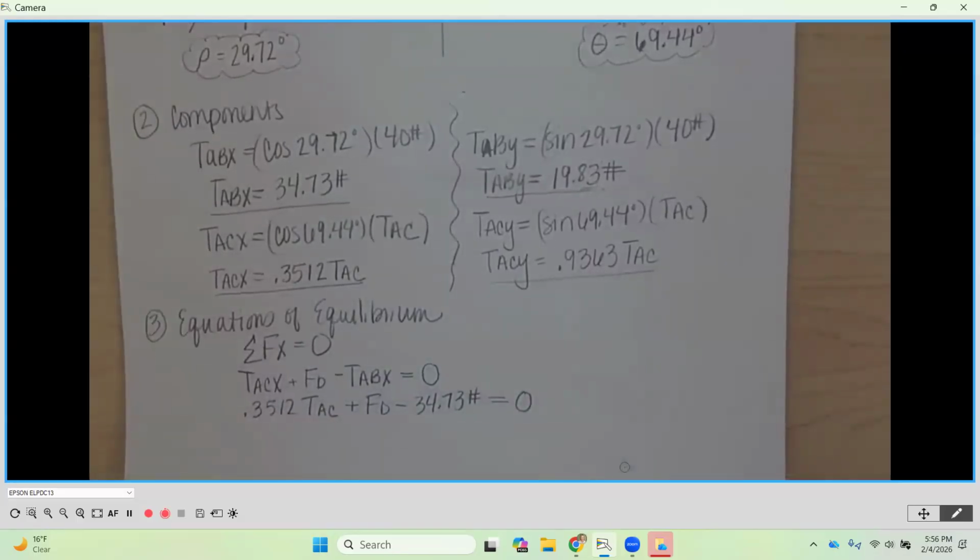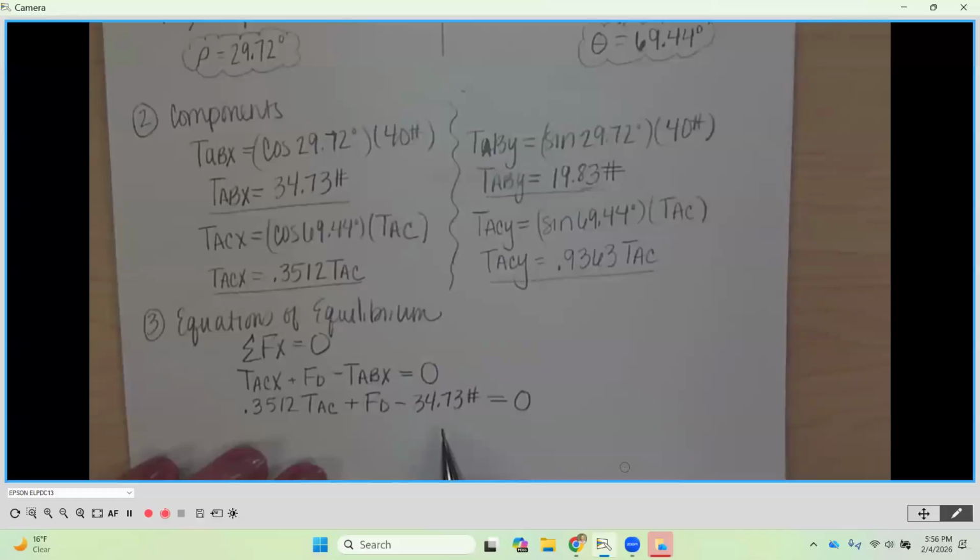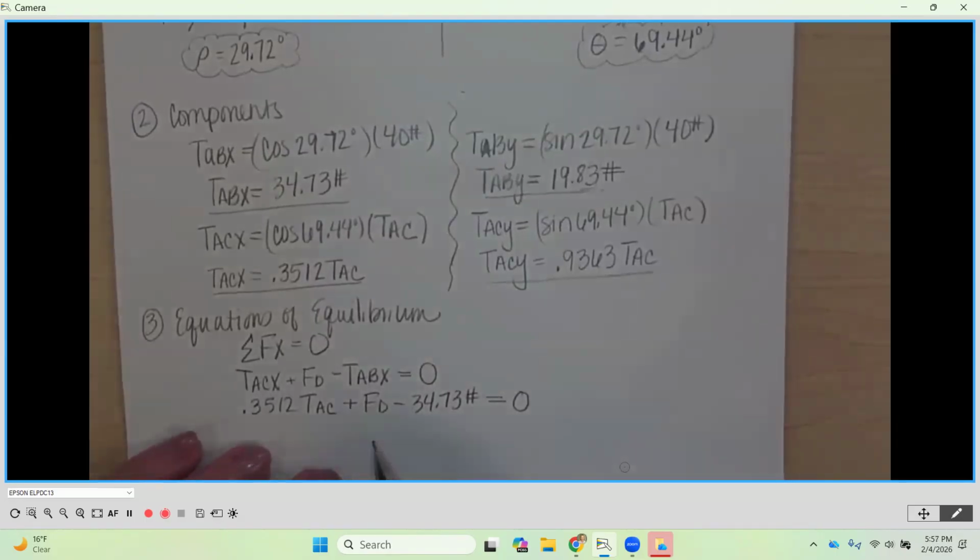Remember, two sides here. Now, if we can combine anything, we want to do that. Or if we want to move something over to the other side, I'm actually going to move this 34.73 pounds over to the other side and keep the two variables on the left.